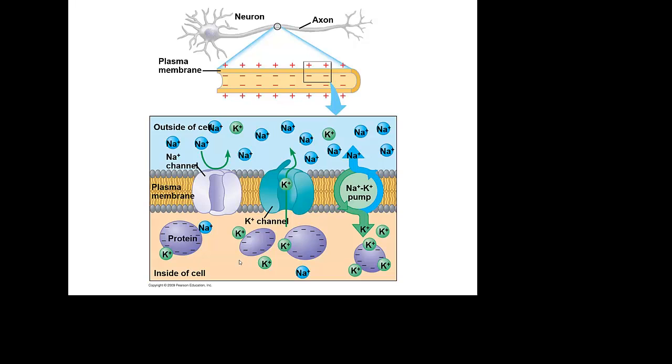So out here we've got 12 sodiums, and we've got 2 potassiums. So total, we get 14 positive charges, right? Inside, we've got 2 sodium and 8 potassium, a total of 10 positive charges, right?